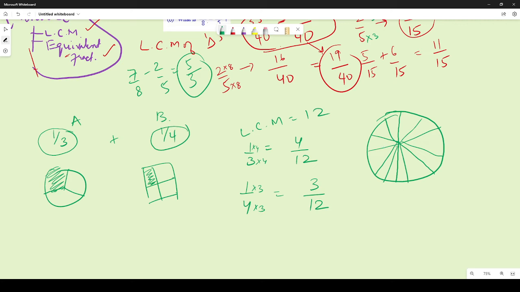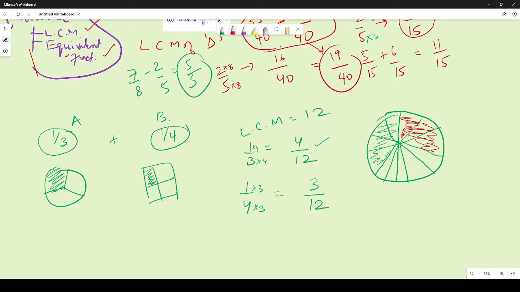So this pizza is divided into 12 equal parts, and this means that A is going to have how many pizza slices? So this is like 4. 1, 2, 3, 4. So this is eaten up by A. And what fraction will be eaten up by B? The fraction is 3. So B is taking up 3 slices, right?